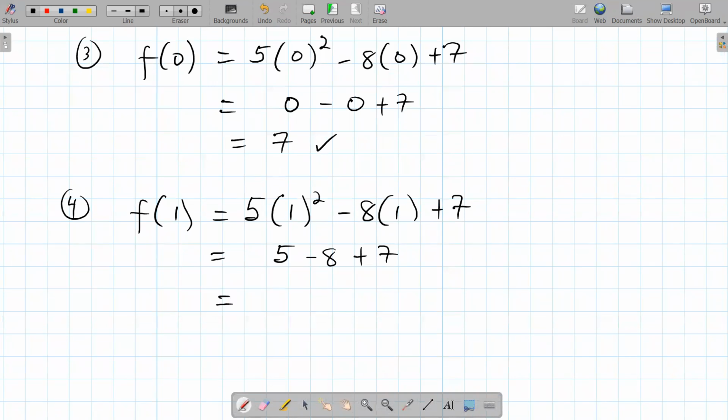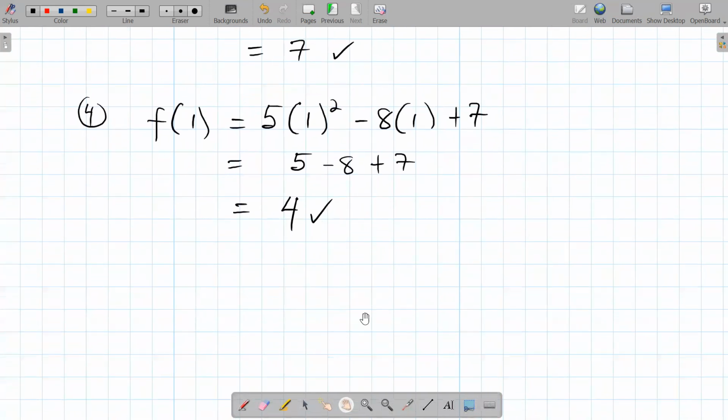So what we do is we just evaluate. You can use your calculator if you want. 5 minus 8 gives you negative 3, and negative 3 plus 7 gives you 4.